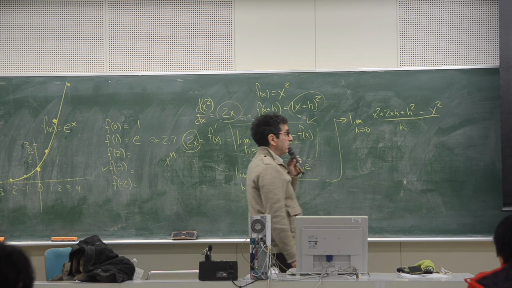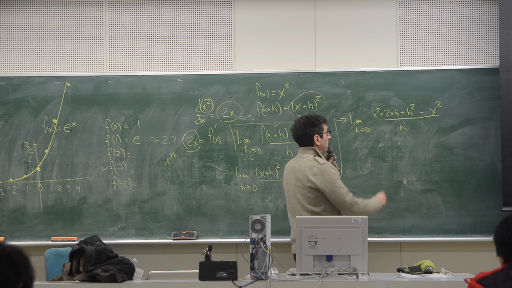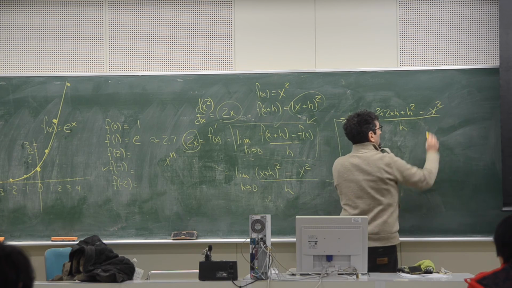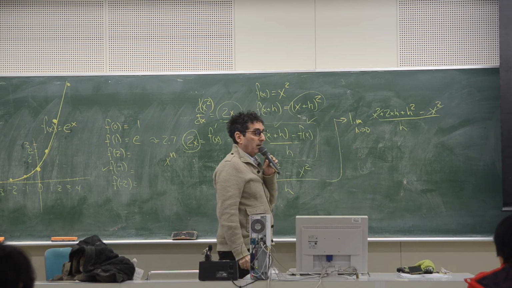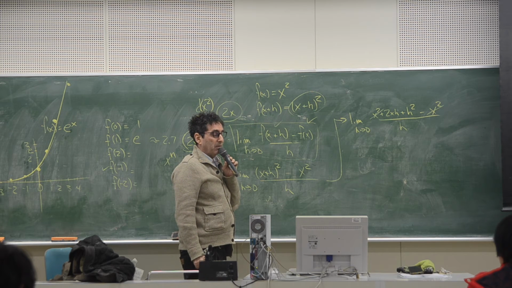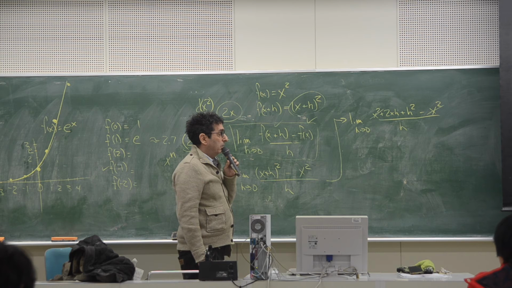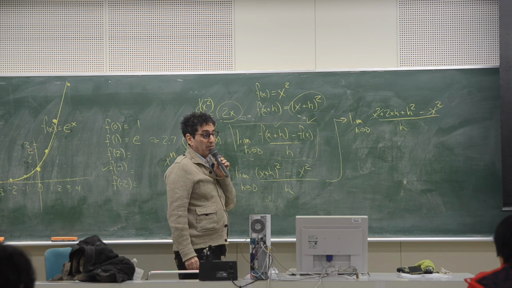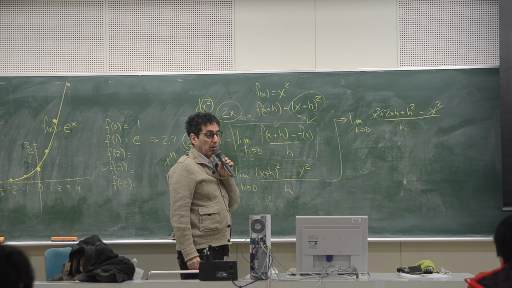But we can do a little simplification here. We can cancel that and that. Right? And then all the top terms, the numerator terms, have h's in them, which then we can cancel with the bottom h. And then we're not going to have that 0 over 0 problem anymore, because we're not even going to have the denominator anymore.